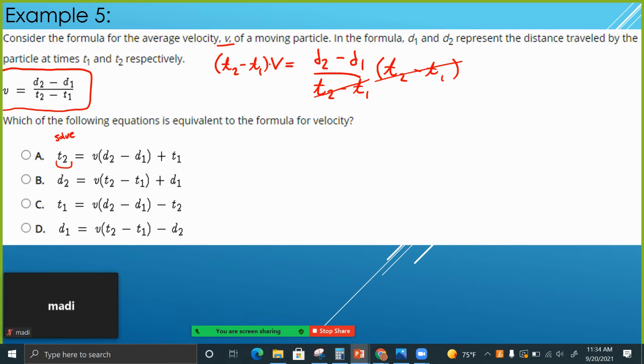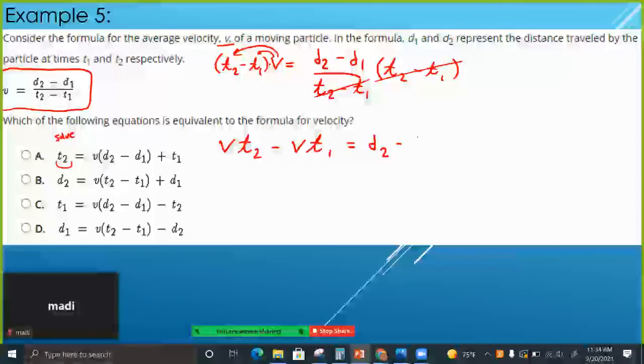Now I'm going to distribute the V. So we have V T2 minus V T1 equals D2 minus D1. Now we want to solve for T2, for this guy right here.